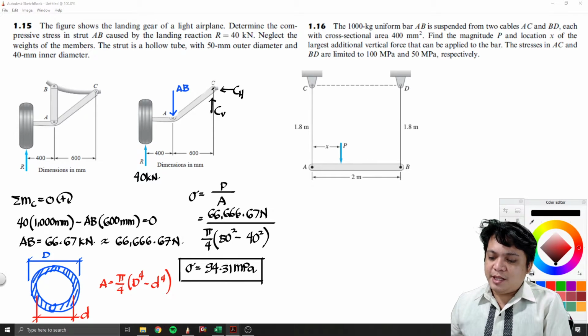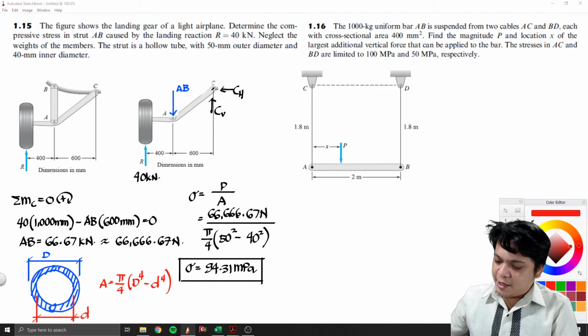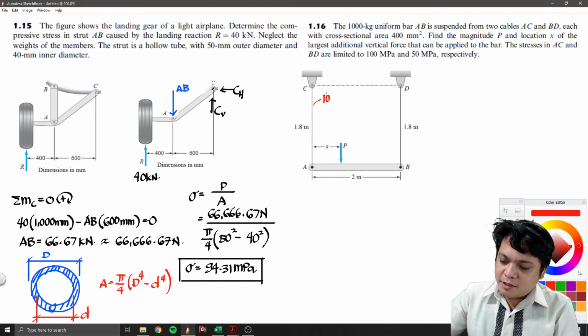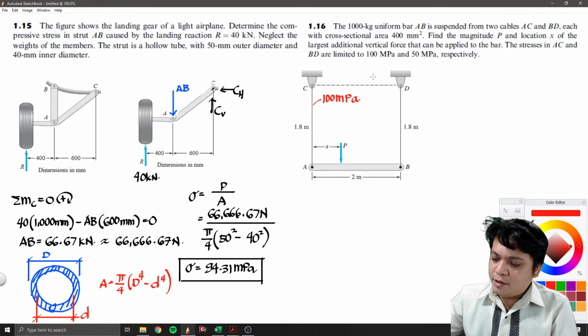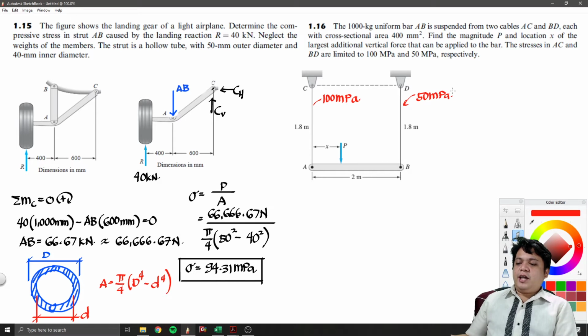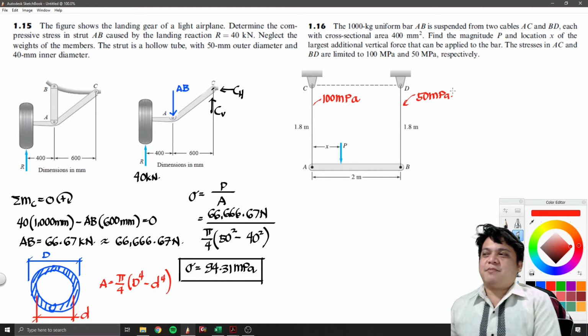The stress in AC is 100 megapascal, and in BD it is around 50 megapascal.